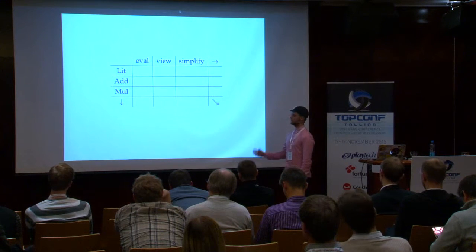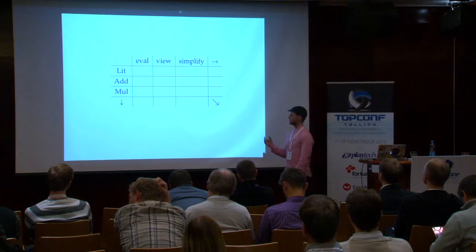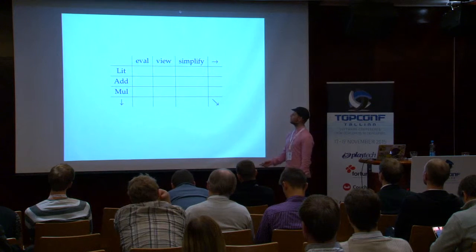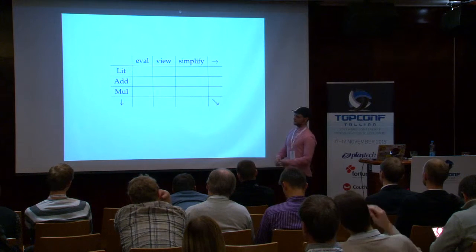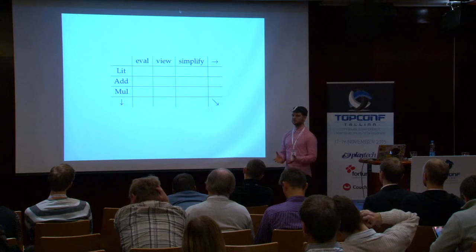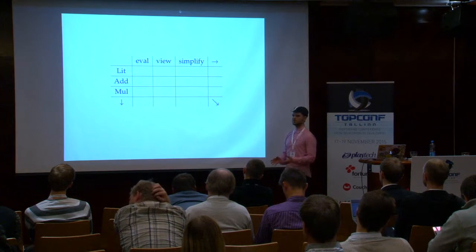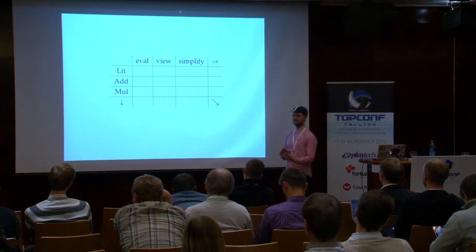And the problem is that we might want to add more operations, like exponentials or variables I mentioned, or we want to expand another way, to add new functions on the expressions. For example, we could compile them to native code. And the expression problem states how to make this so we don't need to touch what was already done.